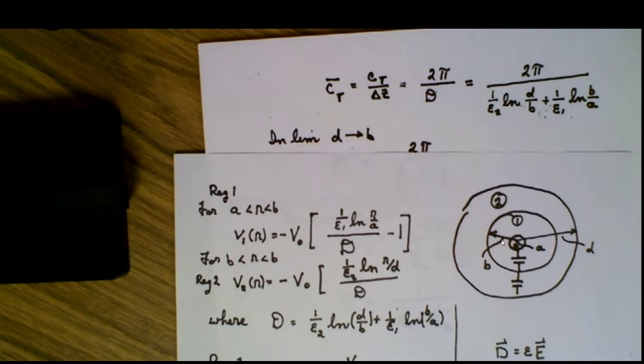So how can it be two capacitors in series? But what we do have at r equal to b is an equal potential surface. If we have an equal potential surface, we can take a metal plate and form it to fit exactly that particular surface, and our problem has not changed.